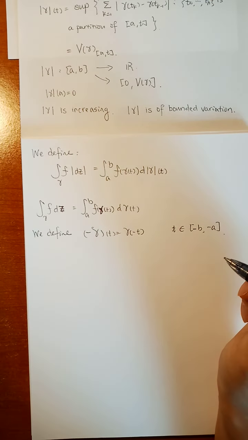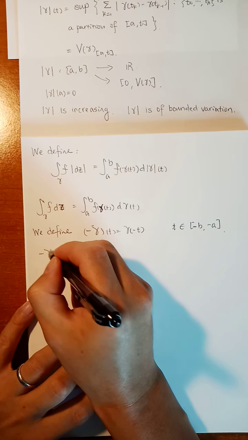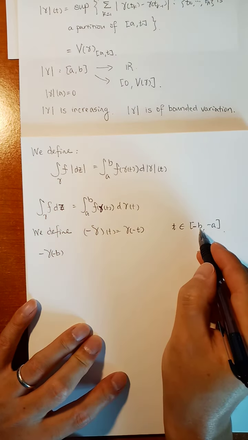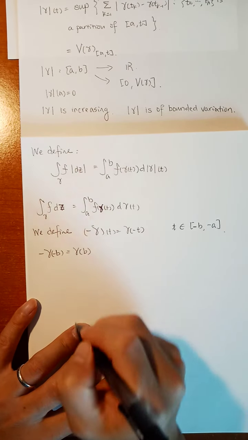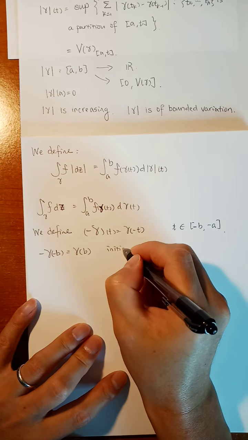How do we get it? For example, the negative gamma of negative b, because it starts from negative b, by definition is gamma of b. So this is the initial point.